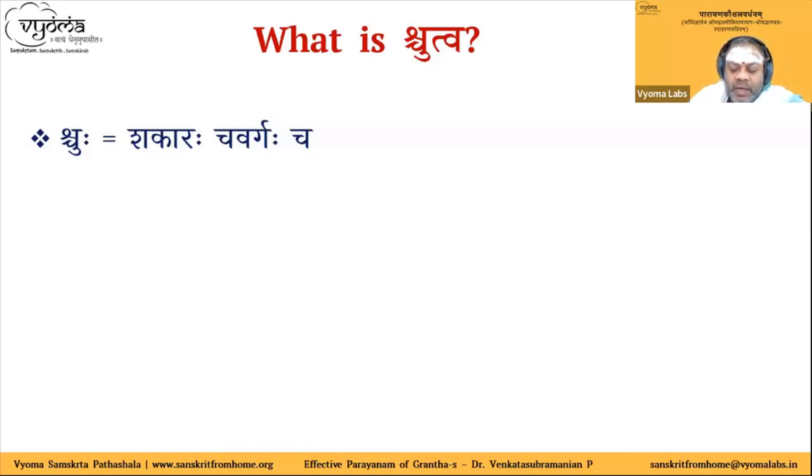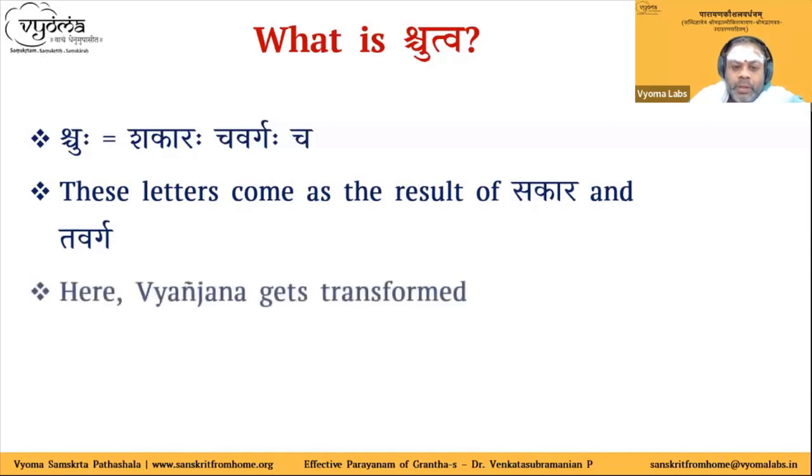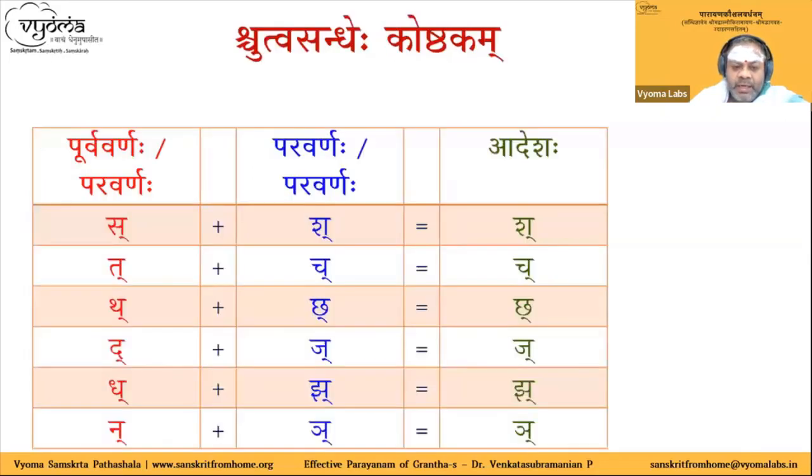Sha and Chavarga are represented by the letter Shchu. These letters come as a result of the Sakara and Tavarga. Here, the Vyanjana is getting transformed. The Vyanjana sound gets the Sandhi Karya.